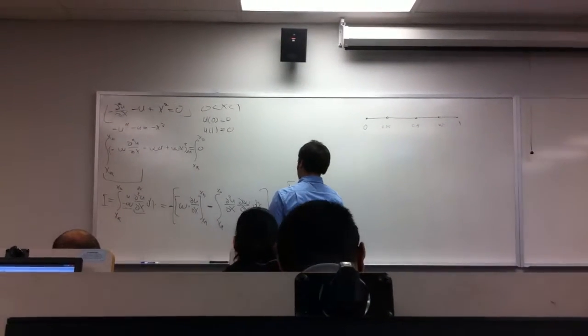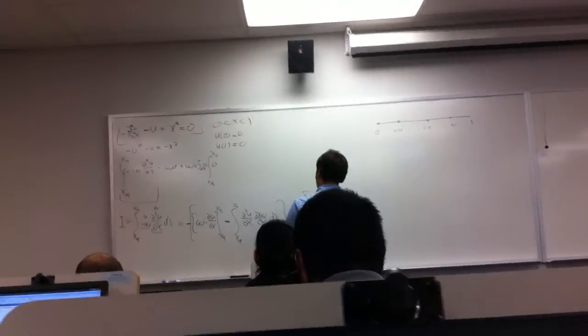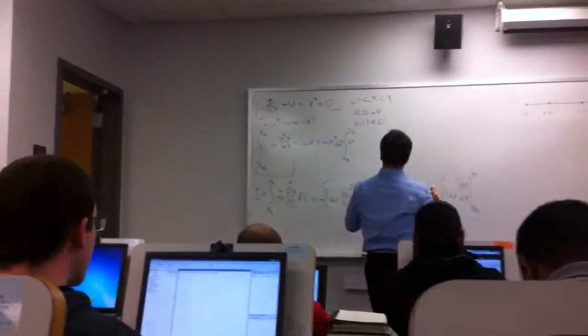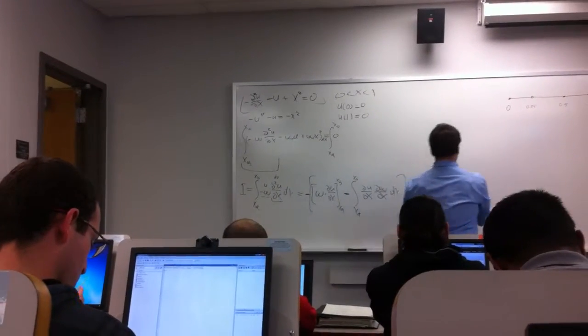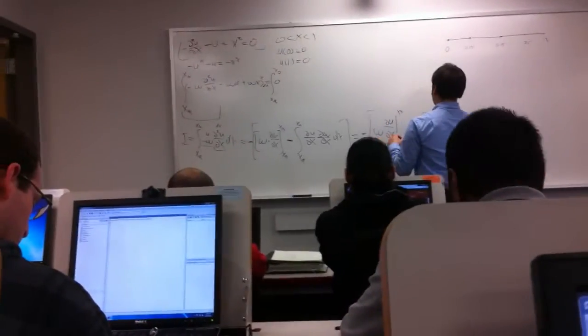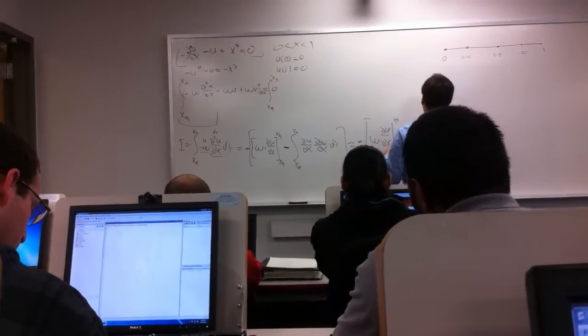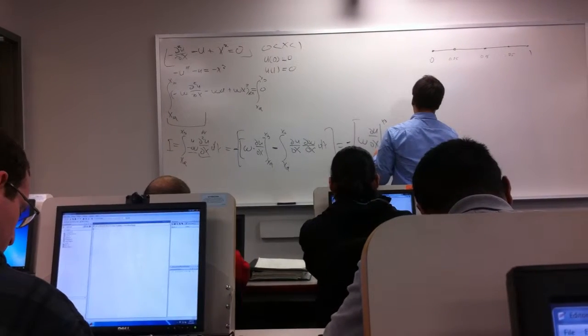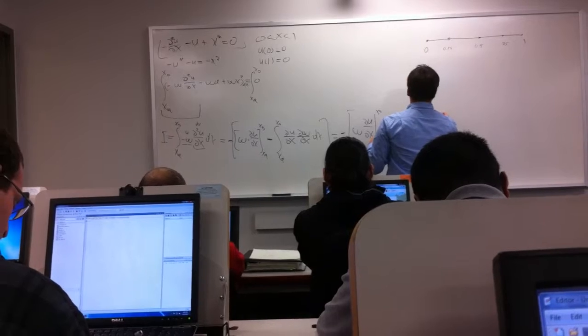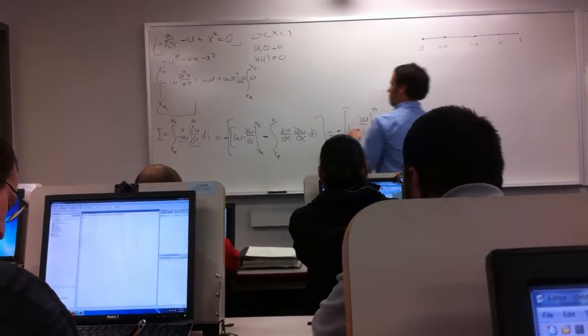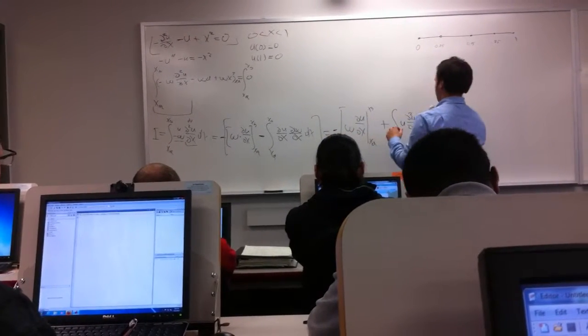Wait, shouldn't that just be du dx, not d squared u? Yes, very good, thank you. So it's going to be plus the integral of u double, minus u v minus.